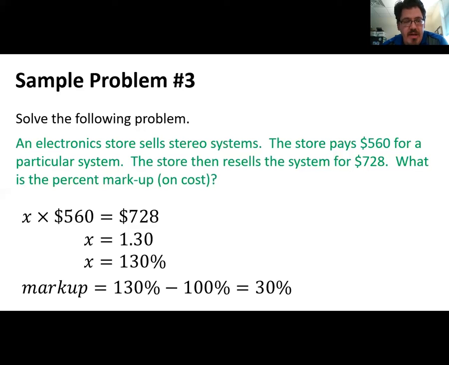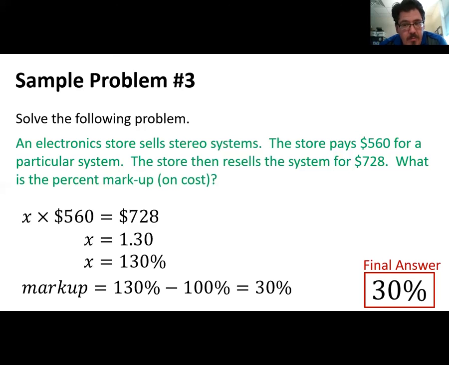We did 30% of the original and then added that on to the original to get the new selling price. So the answer that we're ultimately looking for in this problem is a 30% markup. 30% is the answer. So again, you do need to think carefully about what your percent means. And with these markup situations, think about the fact that the original price corresponds to 100%, and then the additional percent that is used is added on to that 100% when you go to do the calculation.